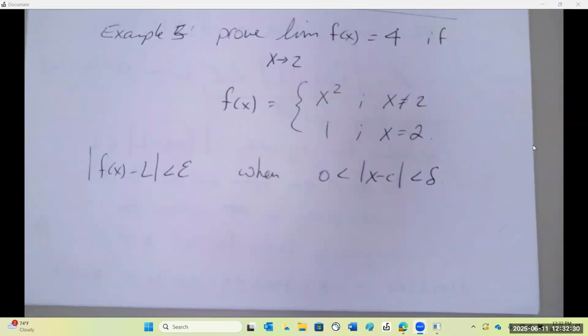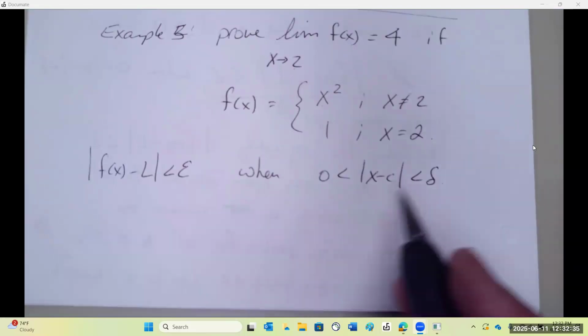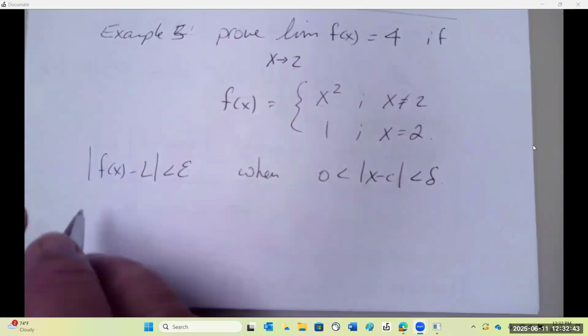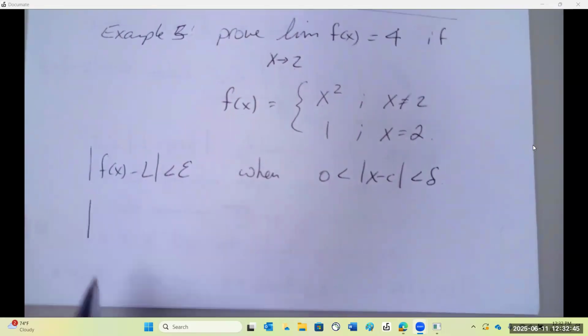That's what we have to show when x equals 2. All right, so let's begin. Plug in everything. What is f of x?